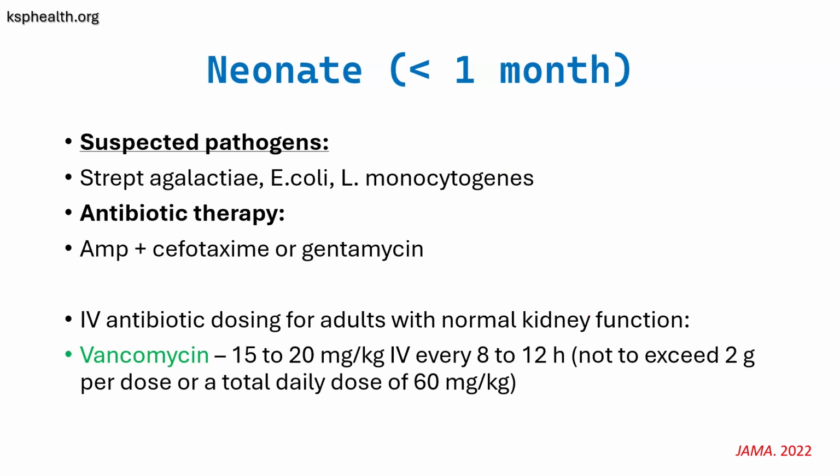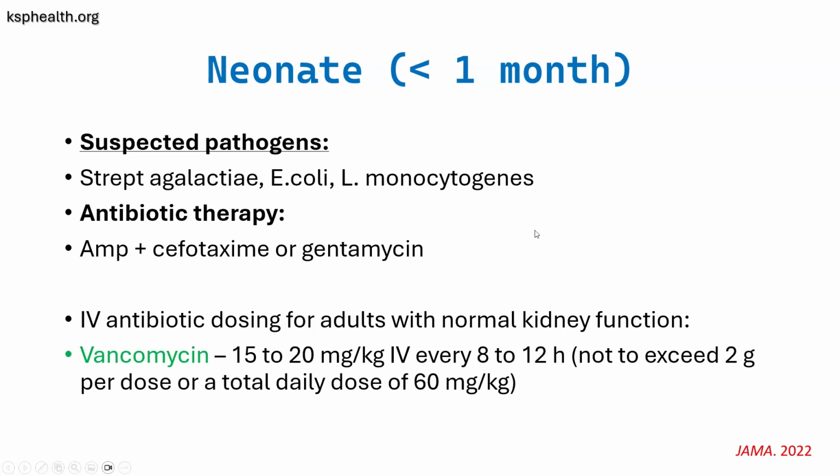In neonates, meaning less than 1 month old, suspected pathogens are Streptococcus agalactiae, which is GBS, E. coli, and Listeria. So antibiotic therapy in neonates is ampicillin plus cefotaxime or gentamicin. What is to be noted is ceftriaxone is not used in neonates, so ampicillin along with cefotaxime or gentamicin.